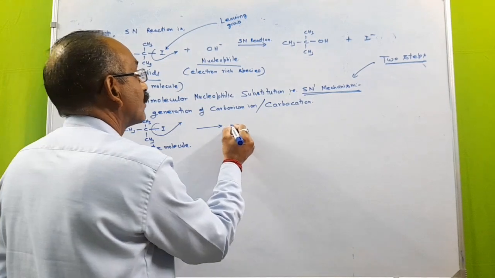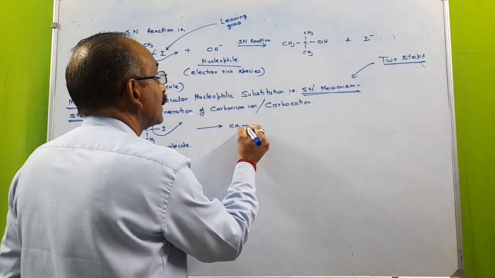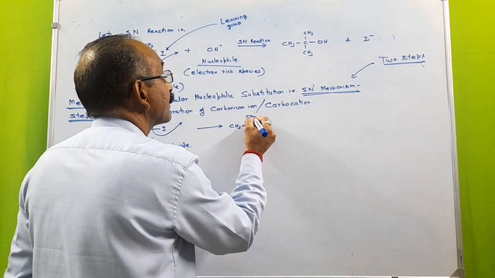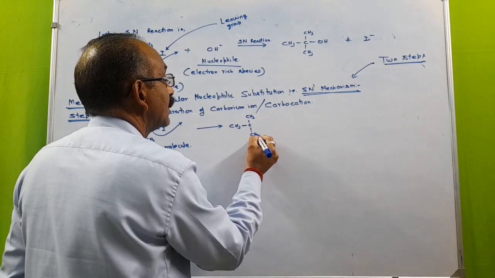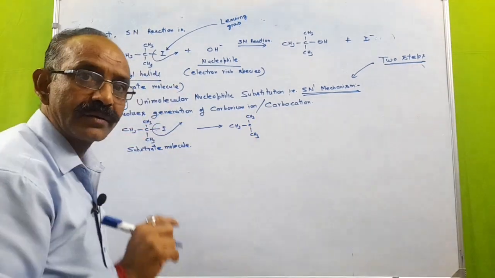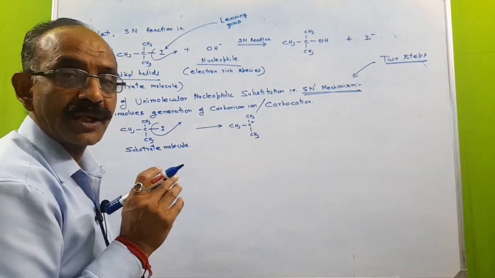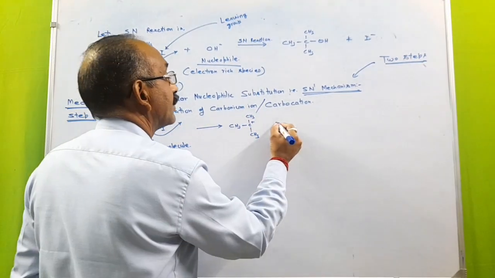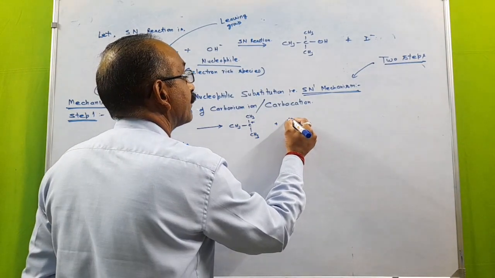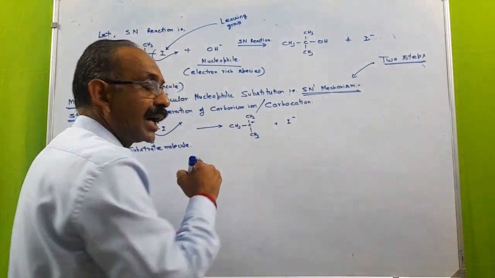So as a result, what will happen here? The carbon of C-X bond has lost its electron, so will become electropositive, will become positively charged, and this I will set free as an iodide ion.